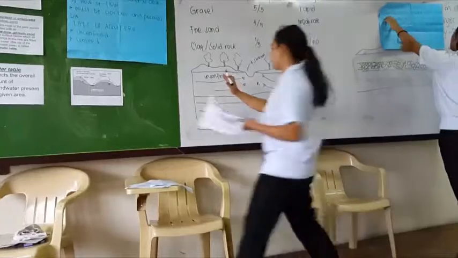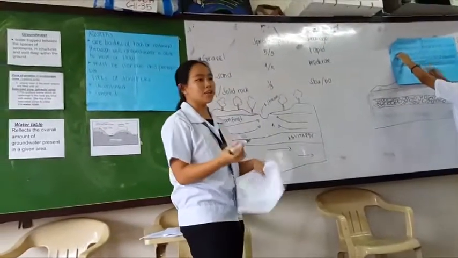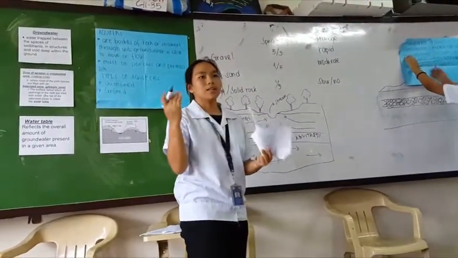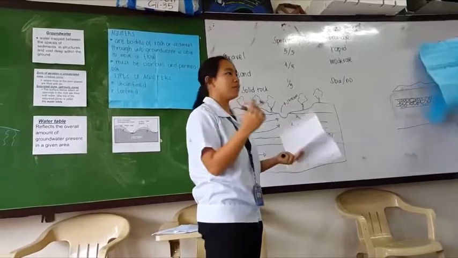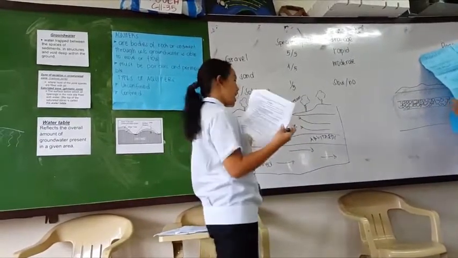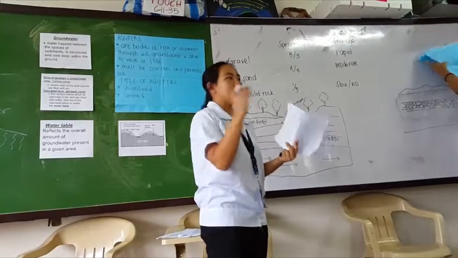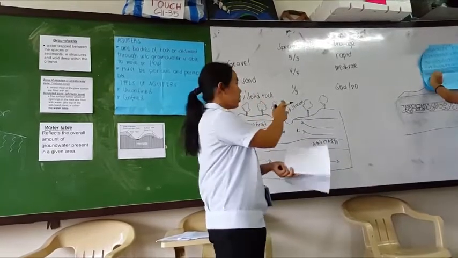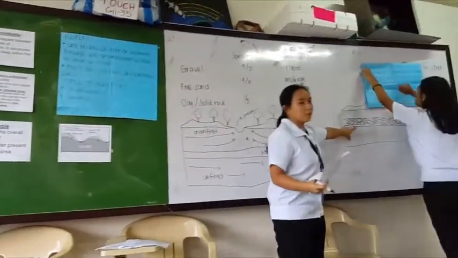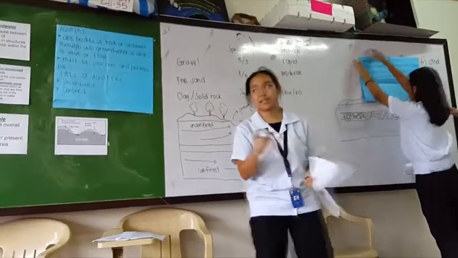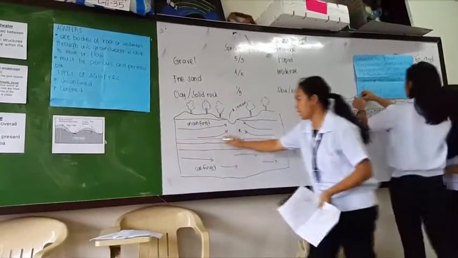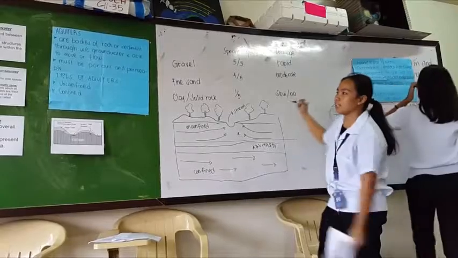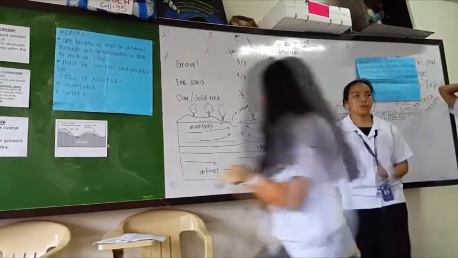In this diagram, the unsaturated zone is where the land is dry, or the pores between the rocks are filled with air. So this part is the unsaturated zone, or what we call the vadose zone.